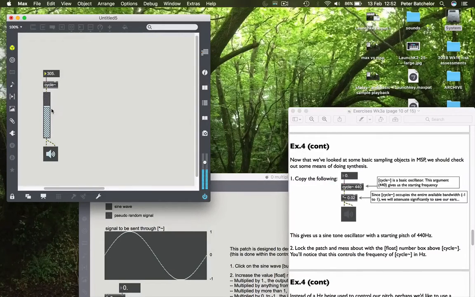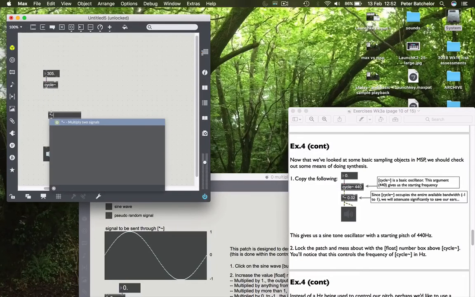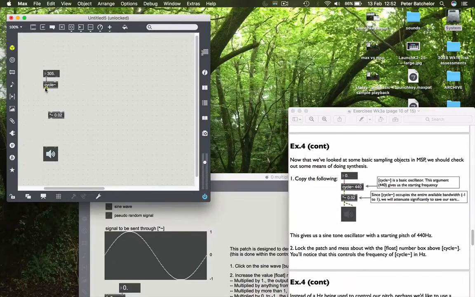I'm going to come back to this gain control here and compare it with what I asked you to do with this multiplication object. So you'll see that if I lock the patch and get rid of this gain control and make a multiplication object in its place with the same value as I've asked you to put in, you'll hear that we hear the timbre again.